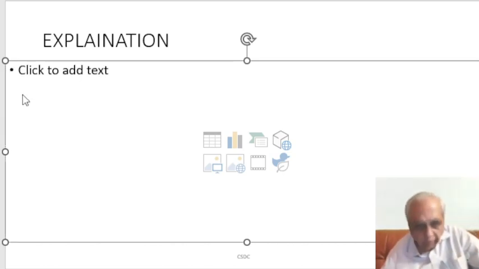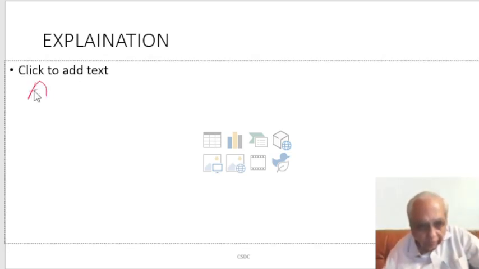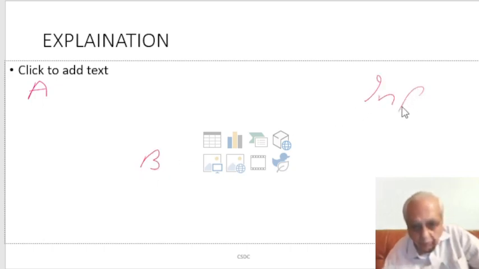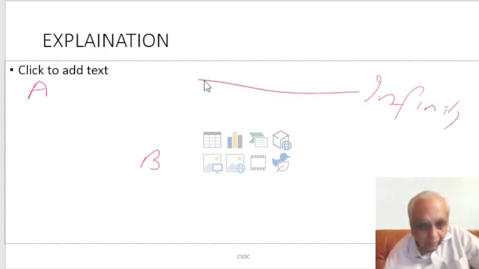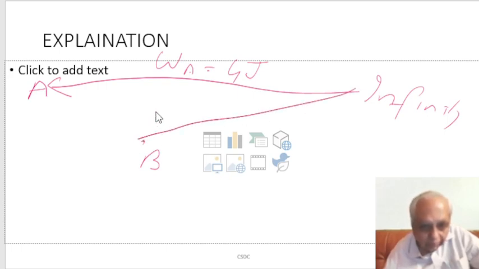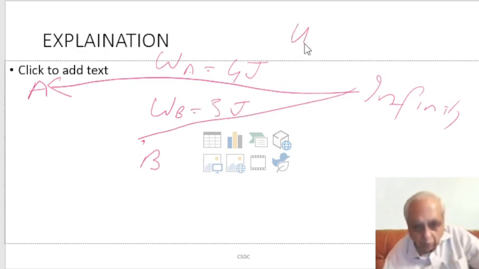So I was explaining that we have 2 points, A and another point B. This is, suppose, infinity. If from infinity I bring a unit positive charge towards A, the work done in bringing it to A is 4 joule. The work done in bringing it from infinity to B is 3 joule, and I am bringing a unit positive charge.